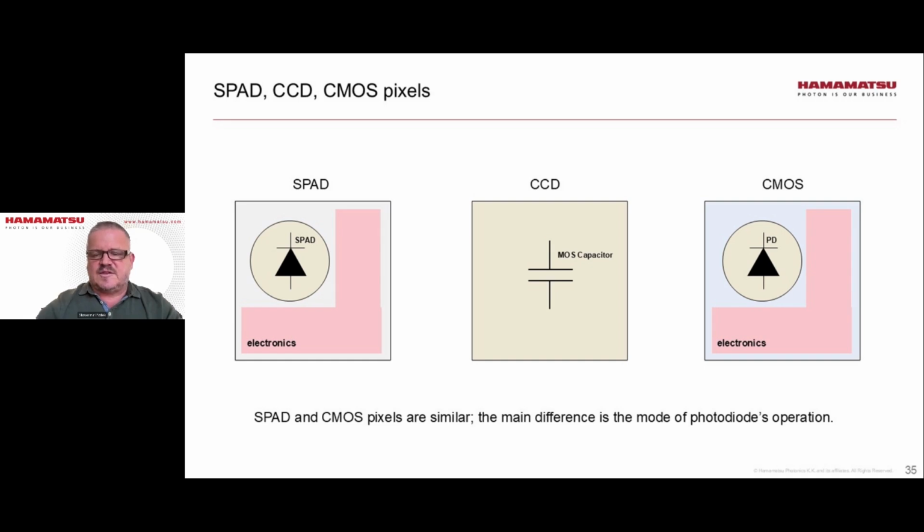But now let's move on to CMOS. In the case of CMOS, yes, you can have electronics also put into the pixel. So what is the main difference between SPAD and CMOS pixels? The most important difference is that a SPAD has a gain. One photon can produce 1 million electrons, whereas in CMOS, one photon can at most produce 1 electron.